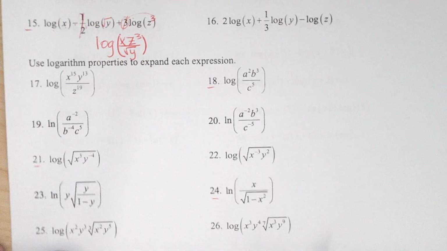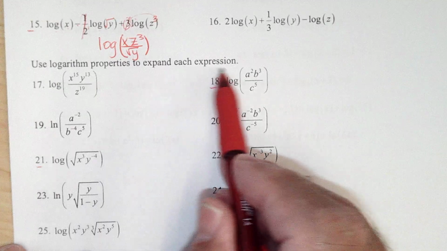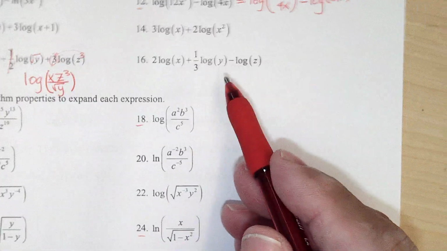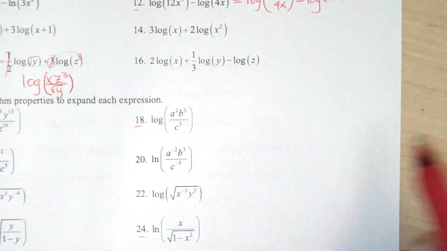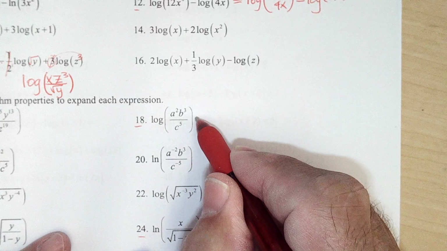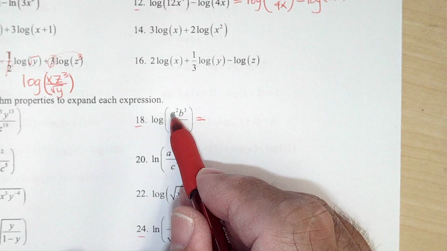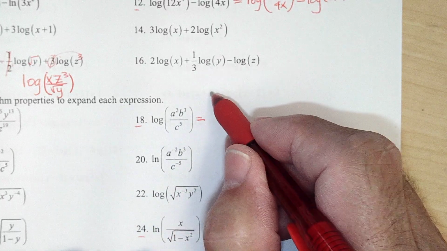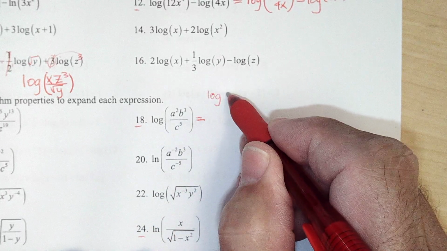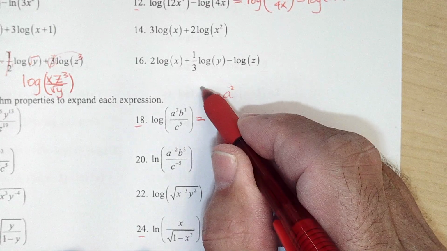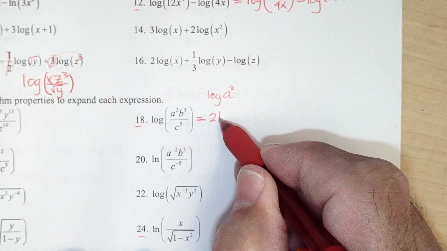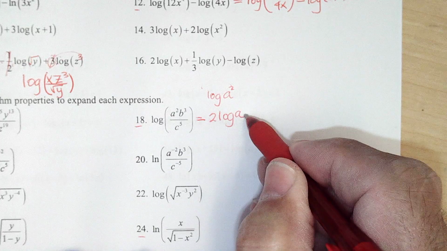Okay. Now we're supposed to expand. So we're going to do just the opposite of what we just did on that one. So this is going to be log of a squared, but log of a squared, the 2 comes down and makes 2 log a.